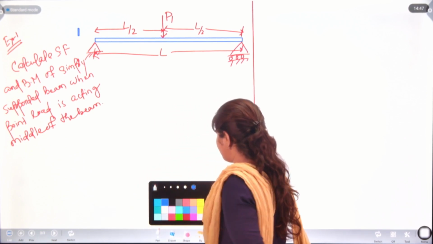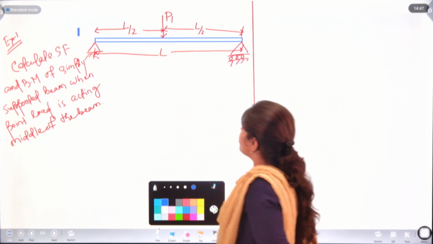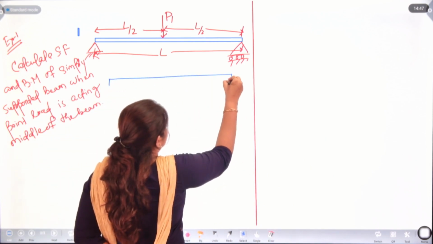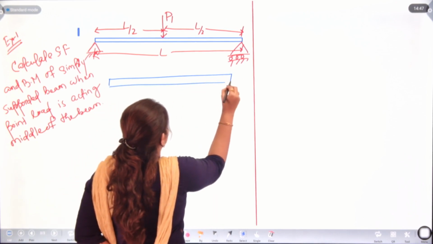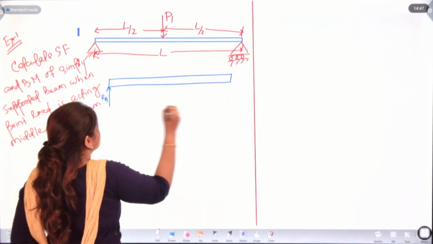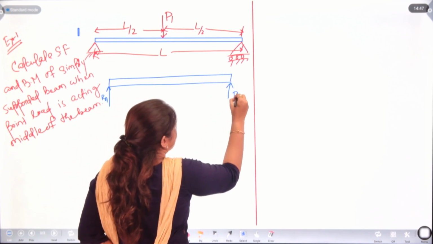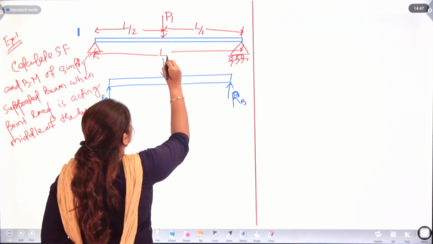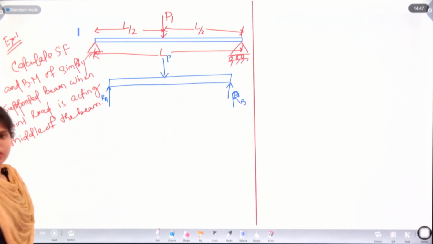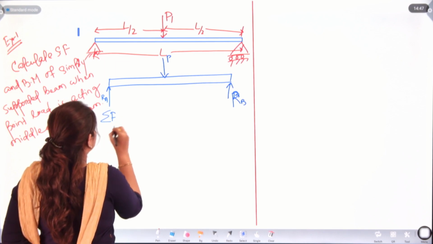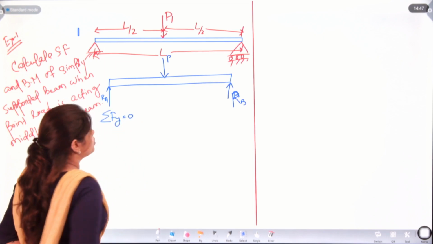So, let's draw the reaction forces. Here we will have RA and RB, and the point load will be P. So, we know summation of Fy is equal to 0.